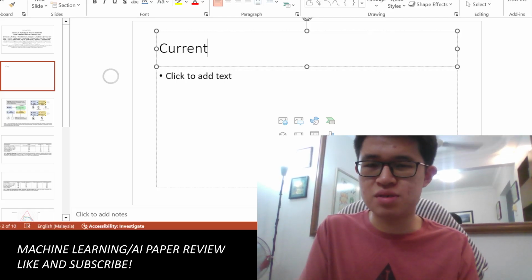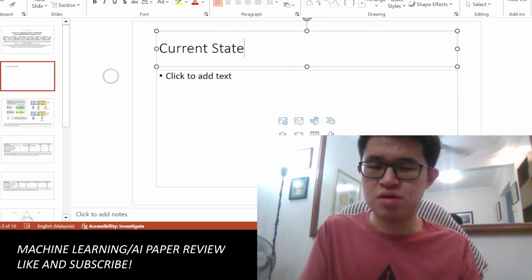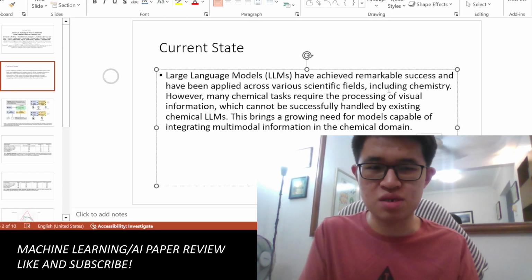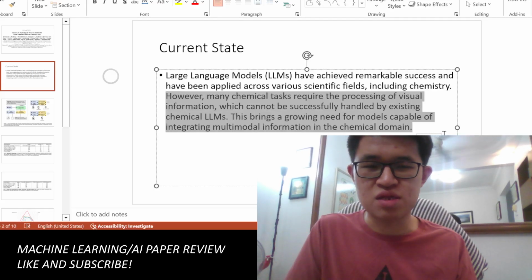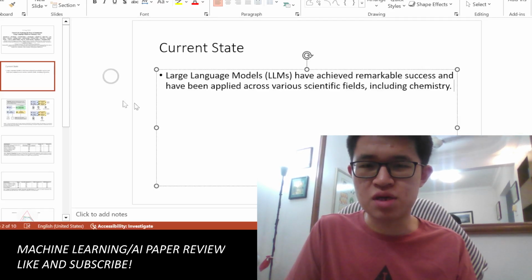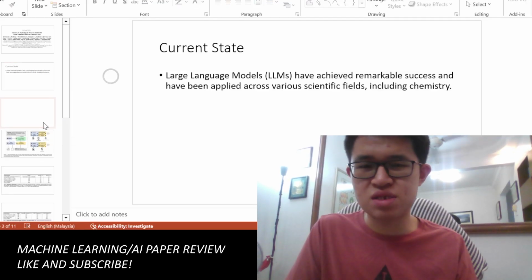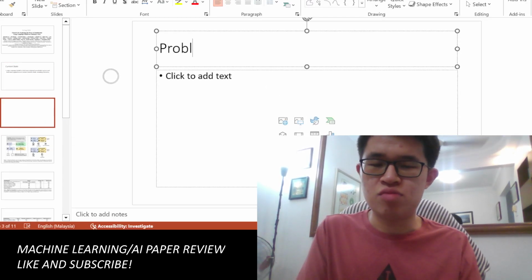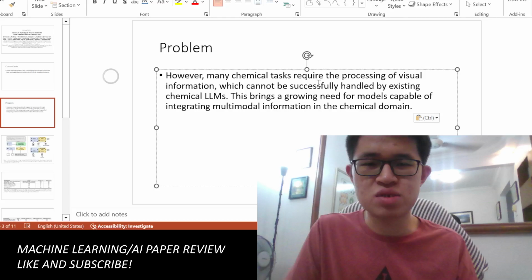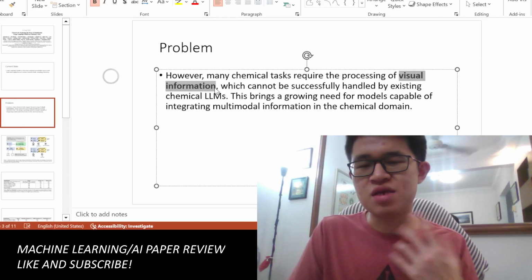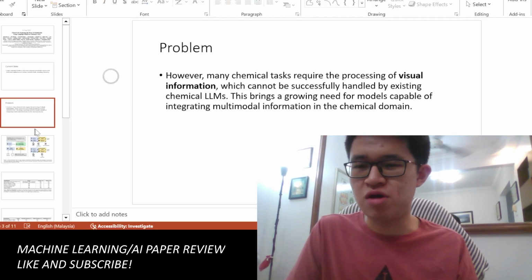So the current state is that LLMs are great for scientific fields, including chemistry. That's the current state. But now I'm going to define the problem. However, many chemistry tasks require visual information, and the LLMs cannot handle that.